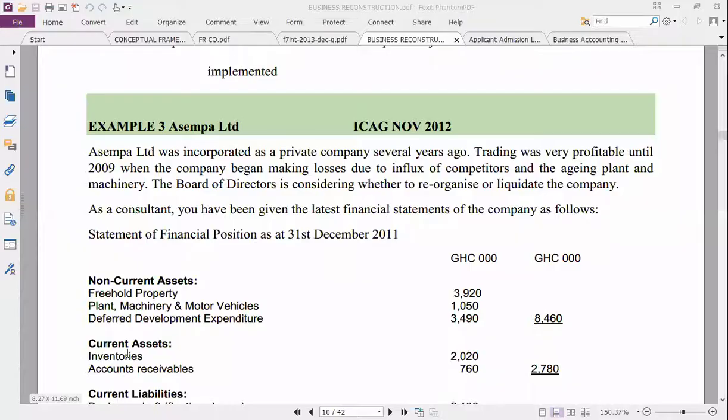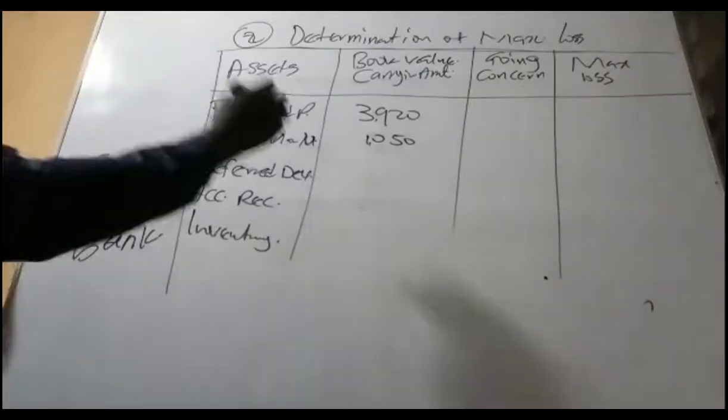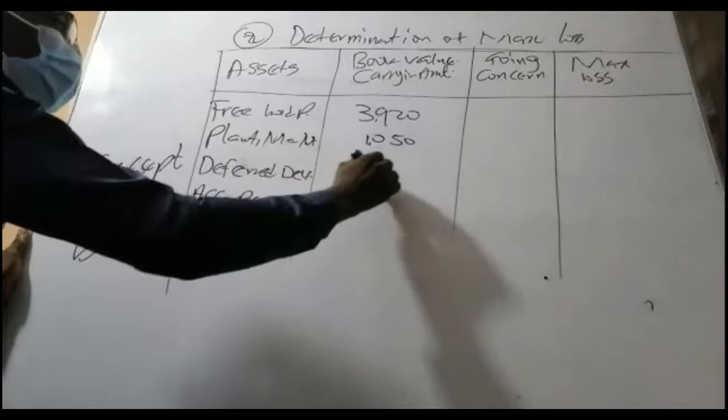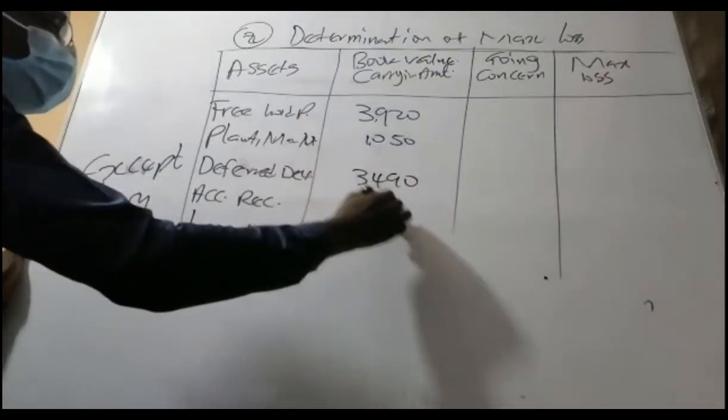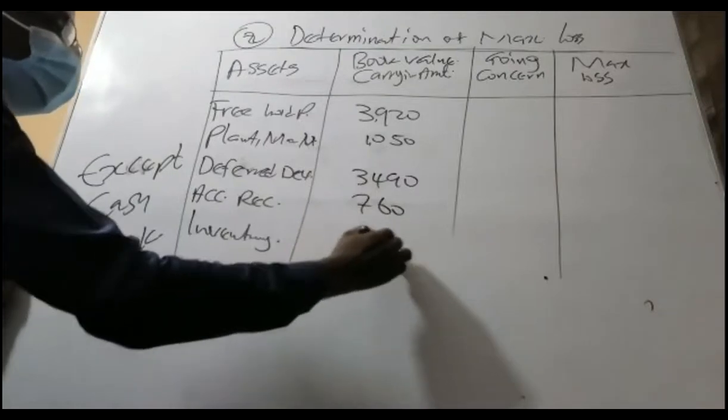All the assets as they've put in there. So the deferred development expenditure will be 3490, and inventory is 2020. Accounts receivable is 760.